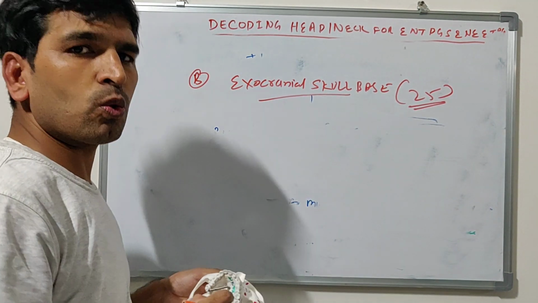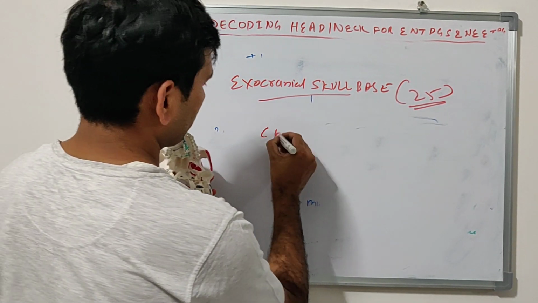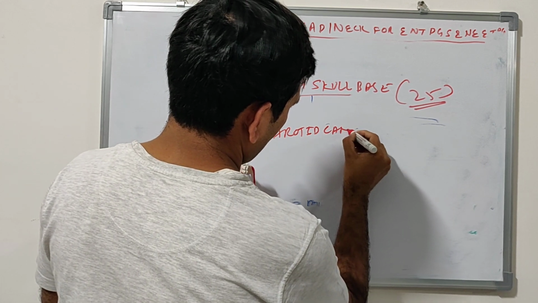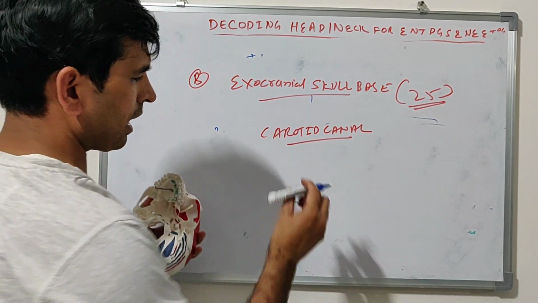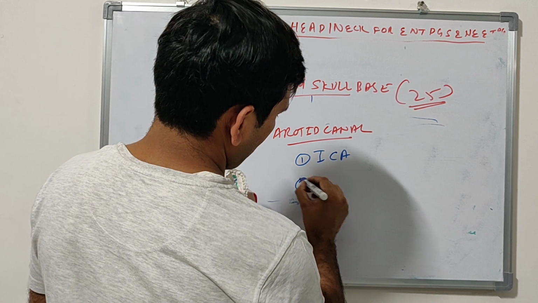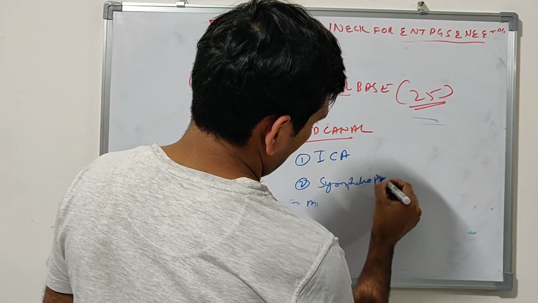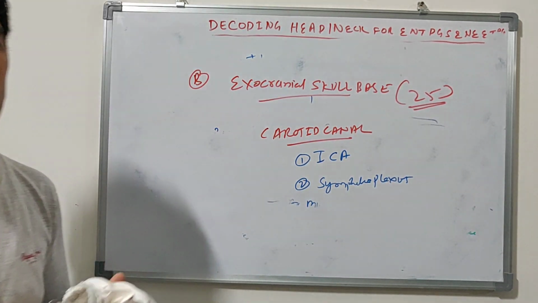The structures passing through the carotid canal are the ICA, internal carotid artery, and the sympathetic plexus.